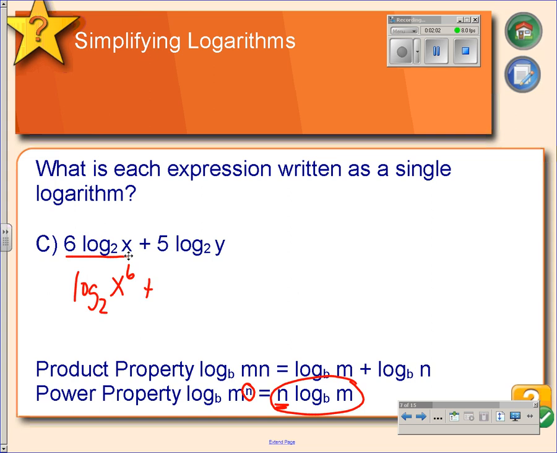And the second one, same thing, the coefficient becomes an exponent, so we have log base 2 of y to the 5th. And now we're looking at a product property. We have 2 logs added together, so we can condense that down to a single logarithm by multiplying m and n. Looks like that.